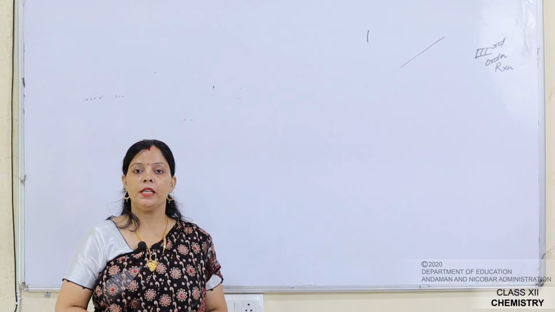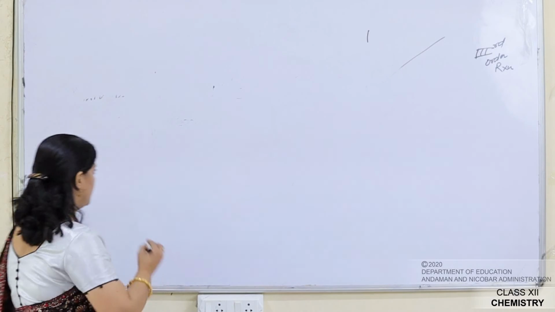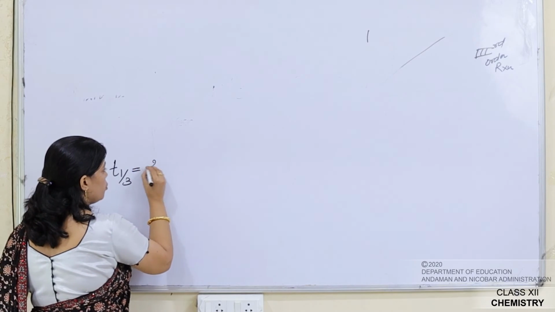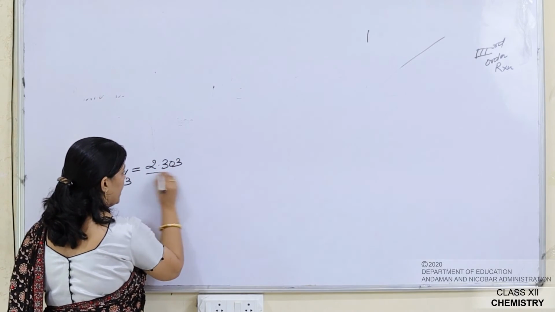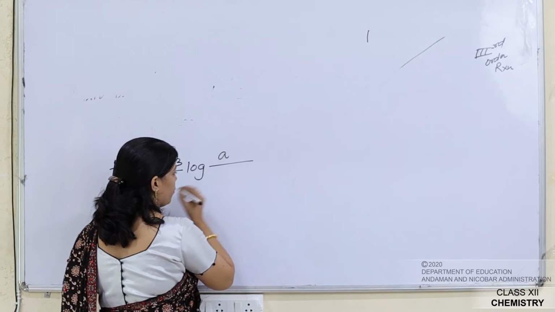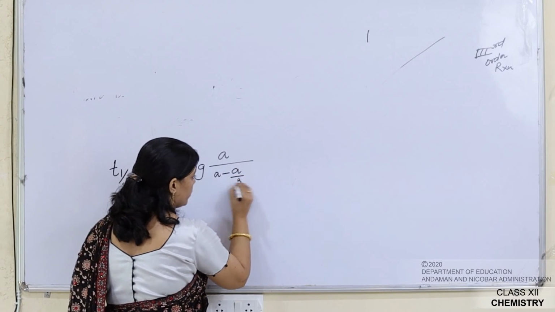Now I am going to calculate the time required for the completion of 1 by third of the reaction. That is, T 1 by 3 is equal to 2.303 by K log A, the initial concentration, divided by the final concentration, that is A minus A by 3. Okay.